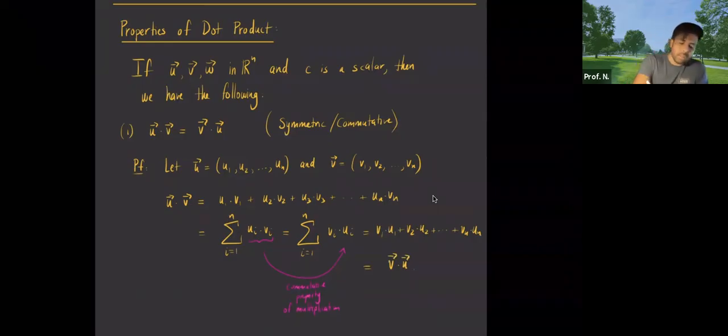So what did I just show? I showed that this left-hand side here is equal to the right-hand side. So I'm done. Put a little box, enclosed with shaded inside, means end of proof.